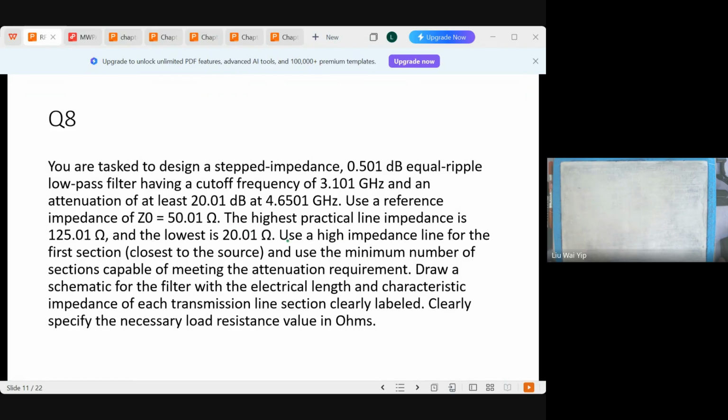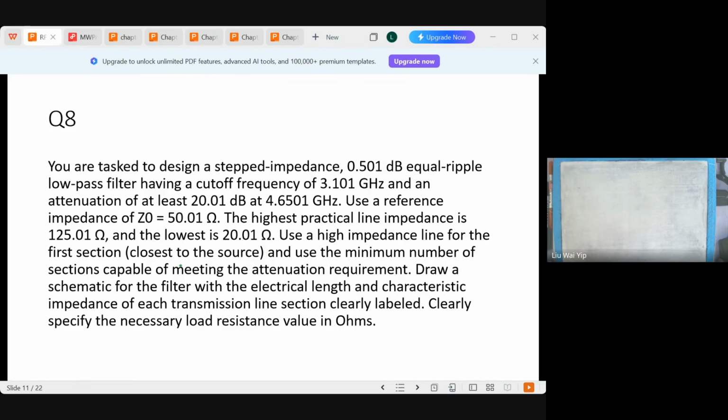It's a low pass filter, and the pass band has 0.5 dB equal ripples. The cutoff frequency is 3.101 gigahertz, and the attenuation at the stop band is 20 dB at 4.65 gigahertz.